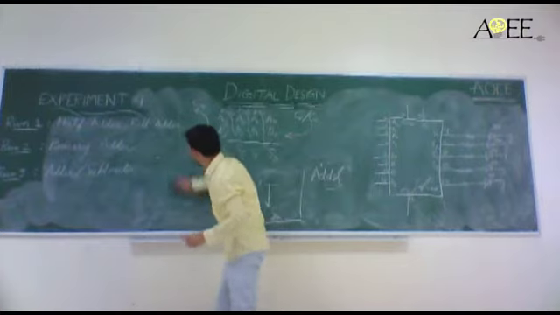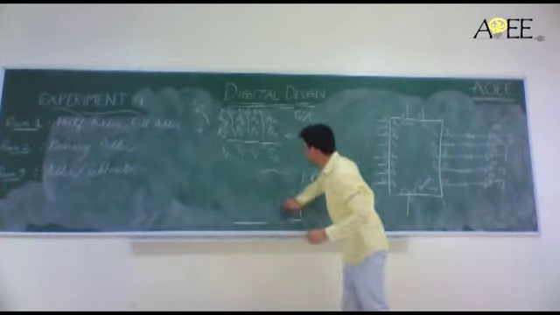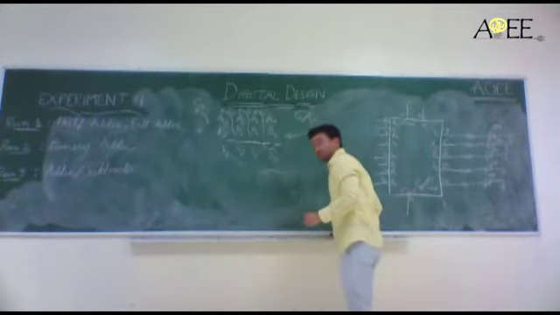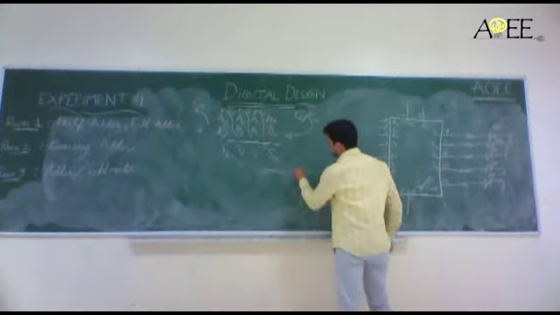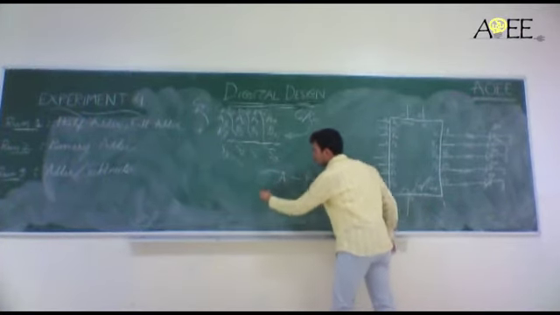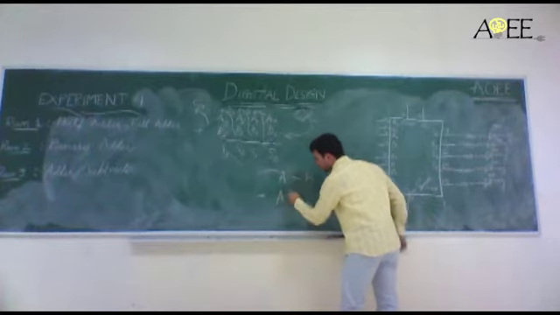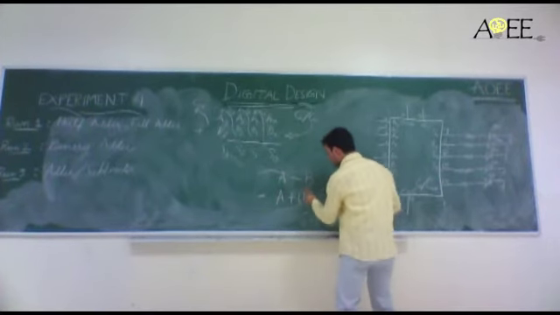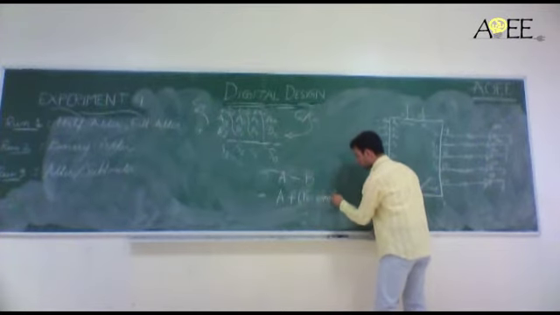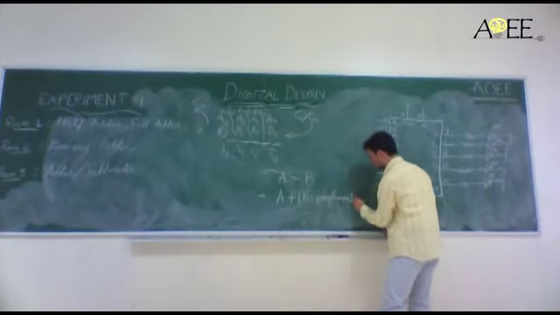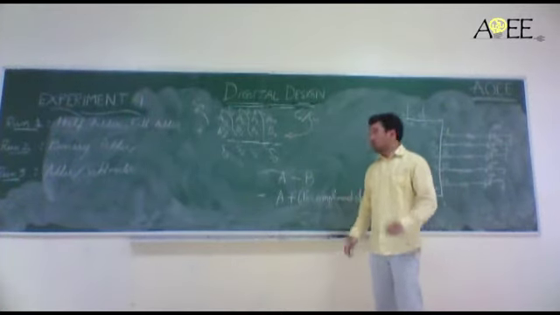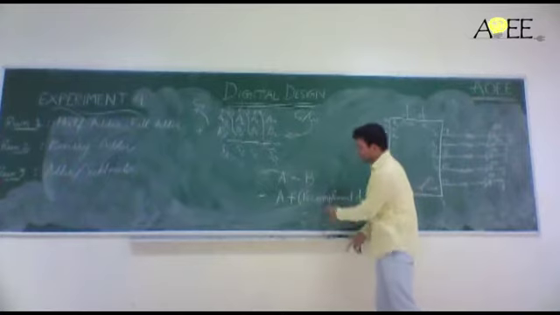If I want to subtract, that means I am adding one's complement of a number to the other number. So if I have A minus B, then I am doing A plus one's complement of B. This is using one's complement.